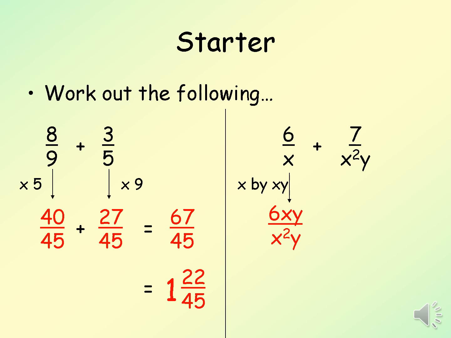So 6 times xy is 6xy, and the common denominator is x squared y, which is on the other side, and that stays the same. Here it is an addition, so we can't do anything else. We can't add the 6 and the 7, so it has to stay as it is. Those are the rules for the addition of fractions. It is different, as we will discover today, in multiplication.